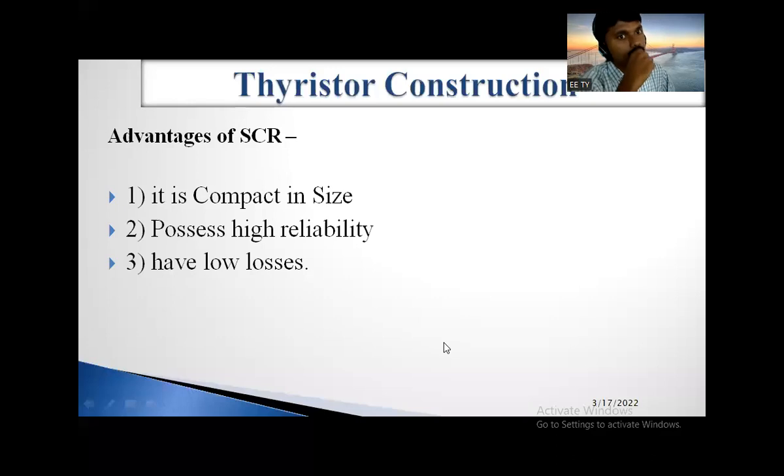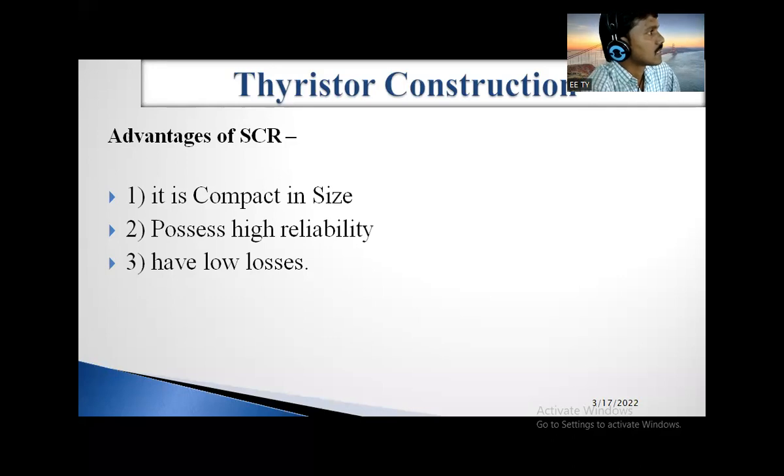So what are the advantages of the SCR? It is compact in size, possesses high reliability, and has low losses. All the power semiconductor devices have the same advantages; they are small in size. That is why we go for power semiconductor devices in power electronic converters. Size is small, cost is low, reliability is high, dynamic response is fast, and losses are less.